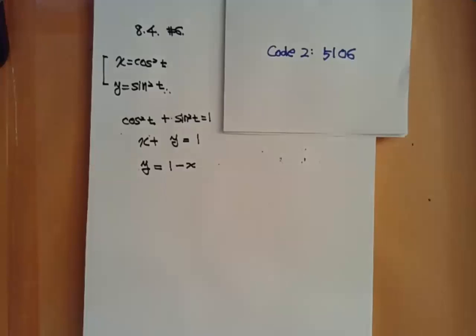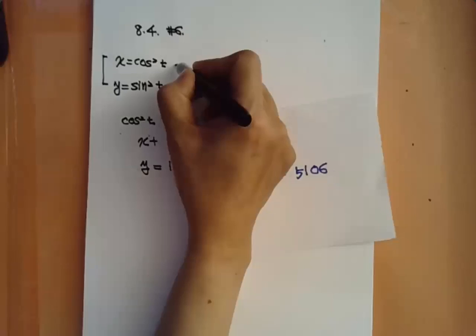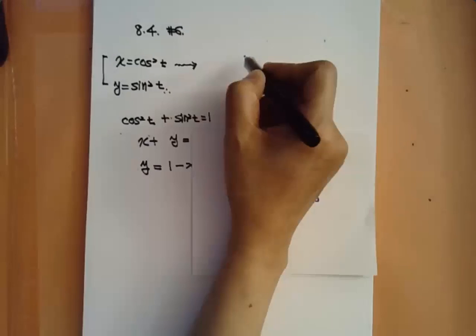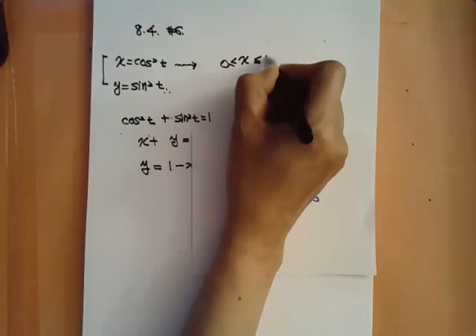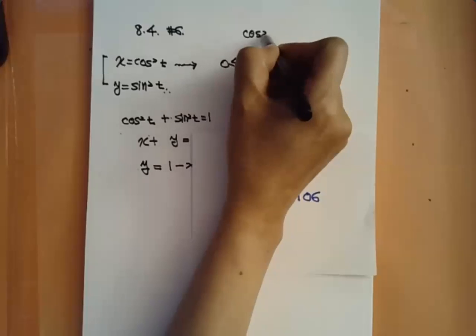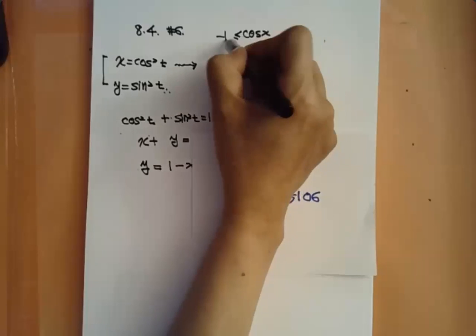But what I said was that is not the straight line which can be stretched to the right and to the left forever, because sine and cosine has a clear bound. So from this condition, what we know is x is between 0 and 1, because cosine is between -1 and 1.